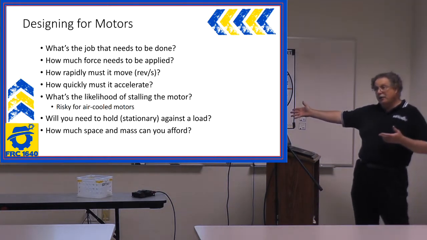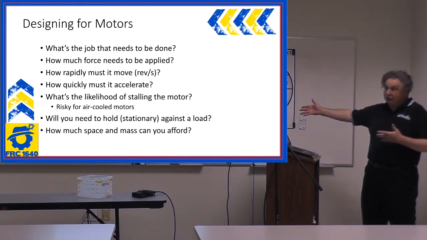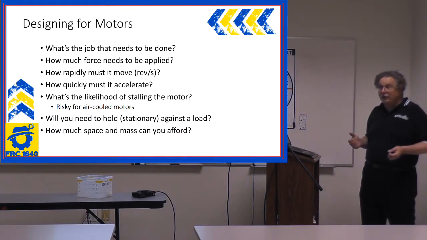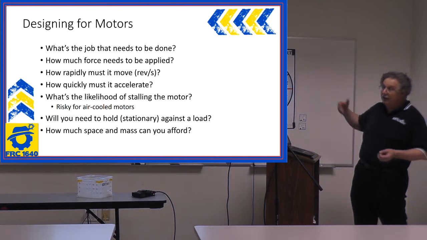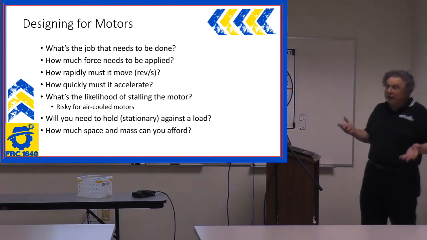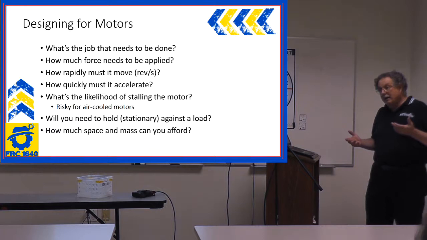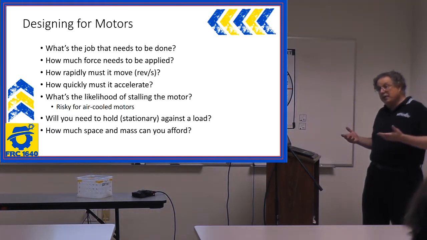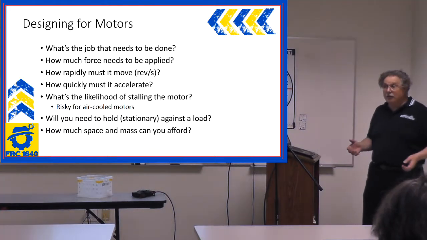Sometimes you might use an air-cooled motor even if something might possibly stall if something goes wrong, just because I have no way to afford the weight of putting a sim motor on this. I can use a sim, I can use the 775 Pro. They're both basically the same amount of power. How do I choose? Maybe I need to use the 775 Pro, even if it might stall, because I can't afford the weight.